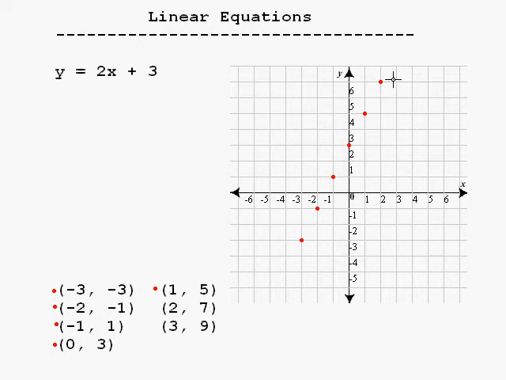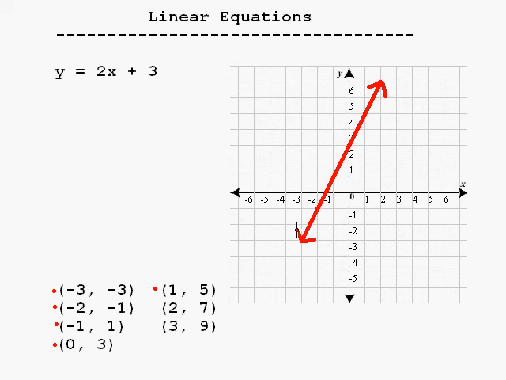This line, we'll see if we can draw it. It will keep going down this way and up this way infinitely, and we represent that by drawing arrowheads on each end of the line to show that it keeps going.